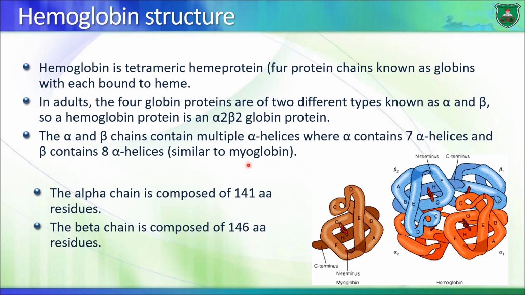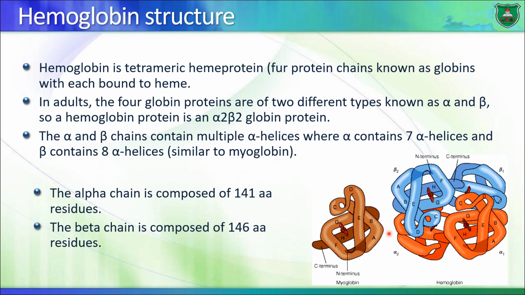Now something else about the alpha and beta chains is that they are also composed of many alpha helices. The alpha chain is composed of 7 alpha helices, and the beta chain is composed of 8 alpha helices.